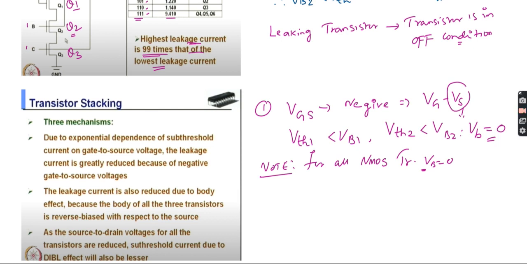So due to body effect, as you know, the body effect happens when the VB increases, correct?